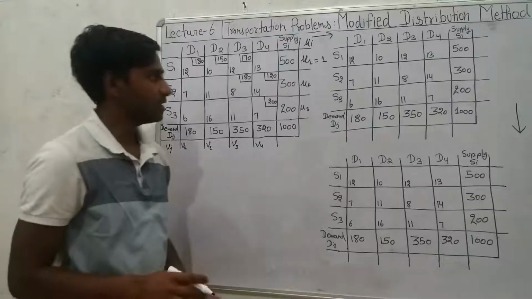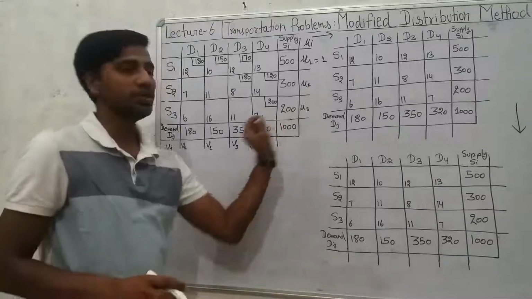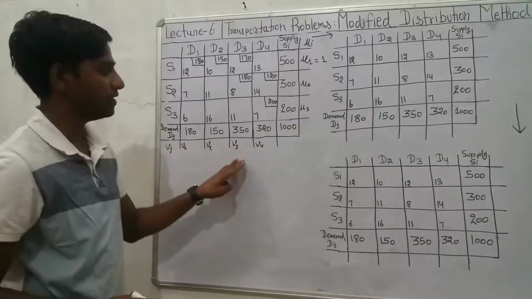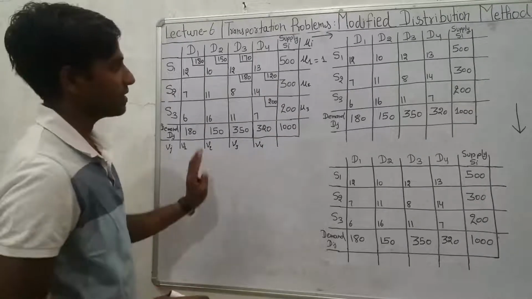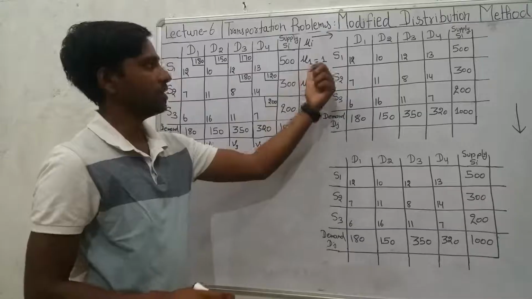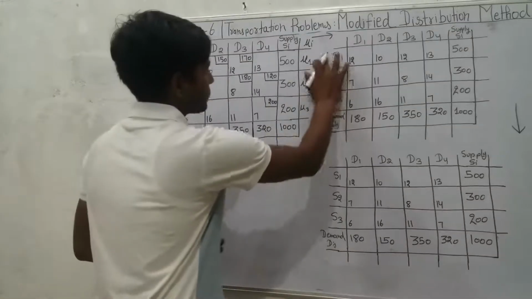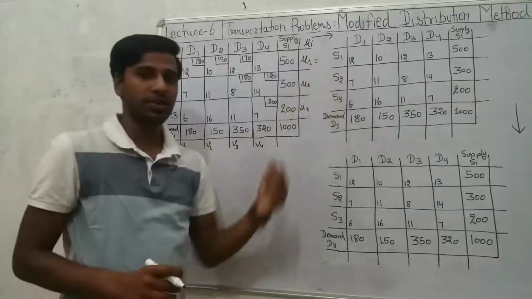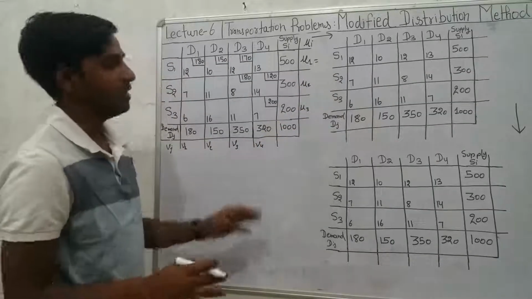But what is the condition? You can assign this value only to one variable, either u1, u2, u3 or v1, v2, v3, v4. That value can be positive, negative, or 0.